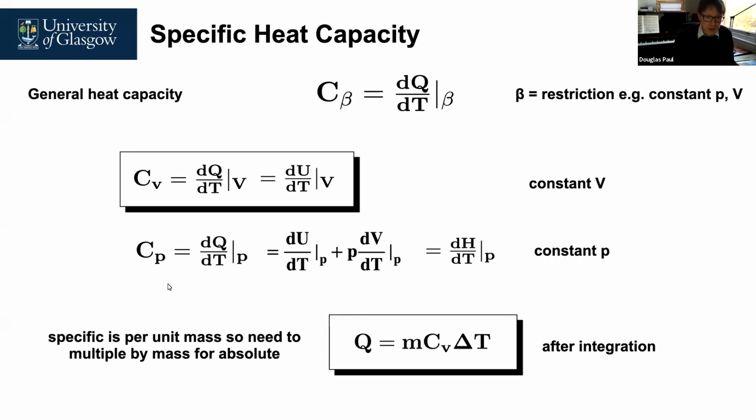And we have to multiply by the mass, because if we want to get the absolute value of heat, we need to multiply up rather than use the specific heat capacity. So this is how we get this equation. It just comes from integrating the specific heat capacity, dQ by dT, at constant volume.